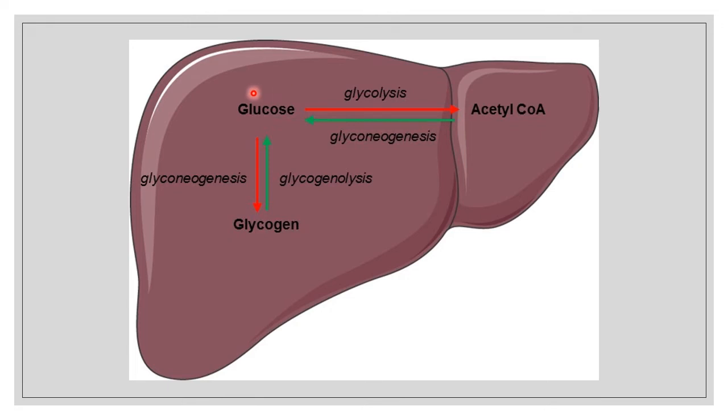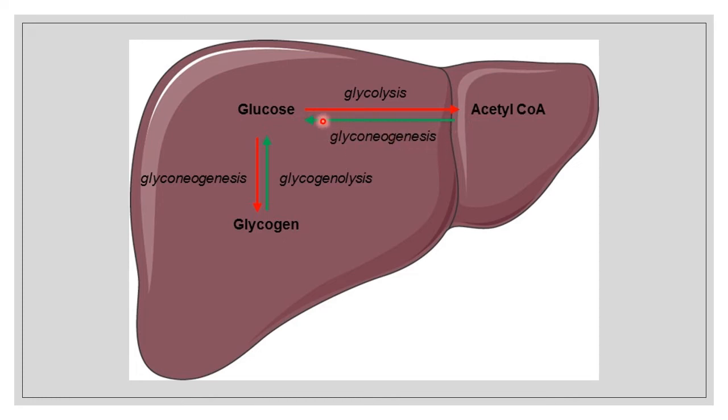So the glucagon increases the hepatic glucose production by stimulating glycogenolysis. So we have here our glycogenolysis, now the formation of glucose from glycogen, and gluconeogenesis, now the formation of glucose from non-carbohydrate sources. So this should be gluconeogenesis.